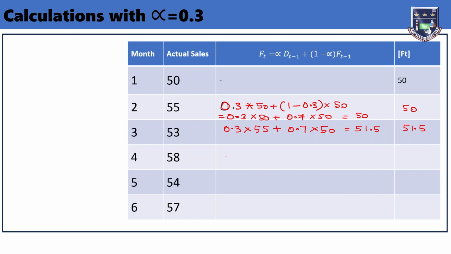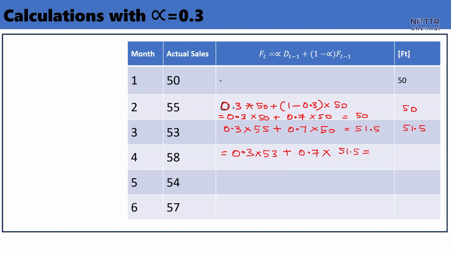Now, let us try to calculate the fourth period. Again we take the alpha value, alpha is 0.3, multiplied by dt minus 1, which for the fourth period is d3, that is 53, plus 0.7, that is 1 minus alpha, multiplied by the previous forecast, that is 51.5.